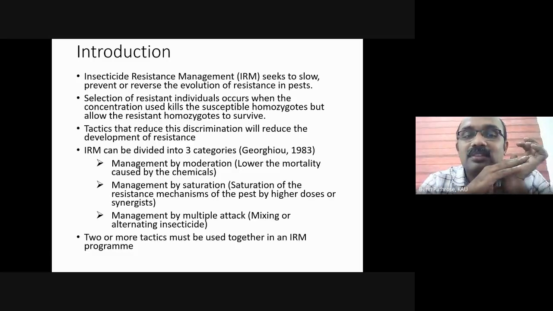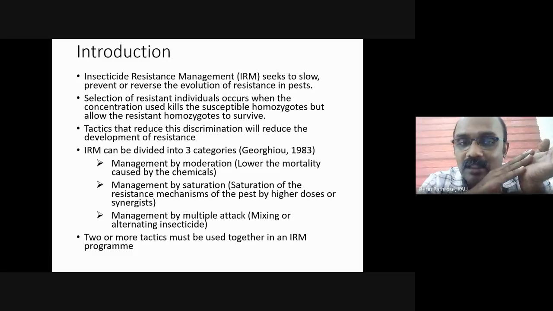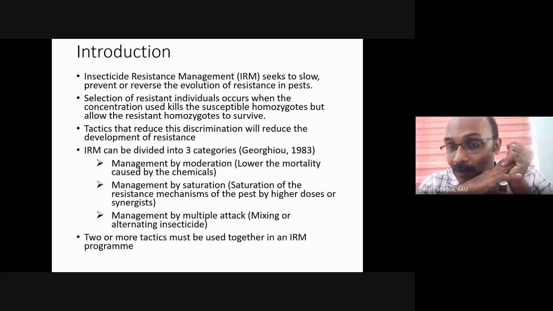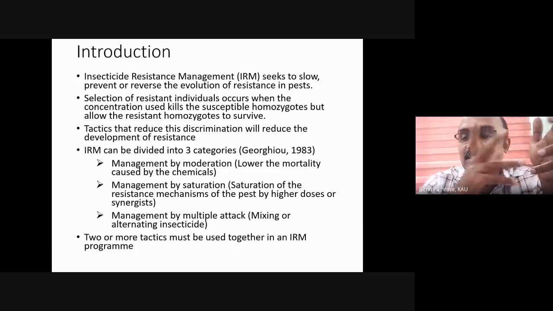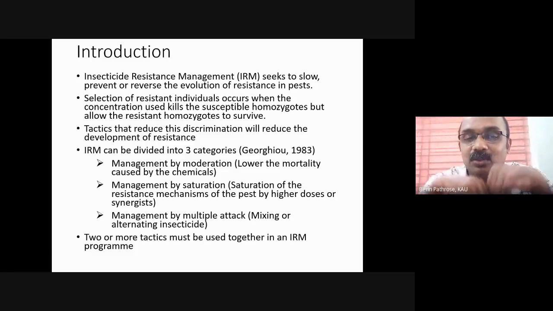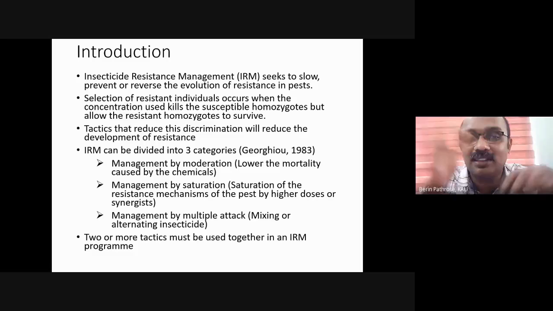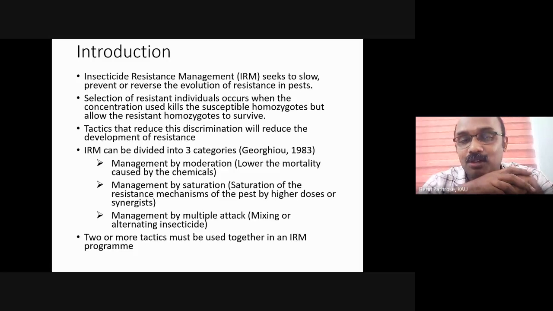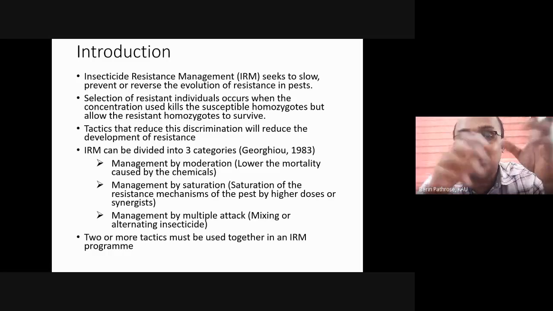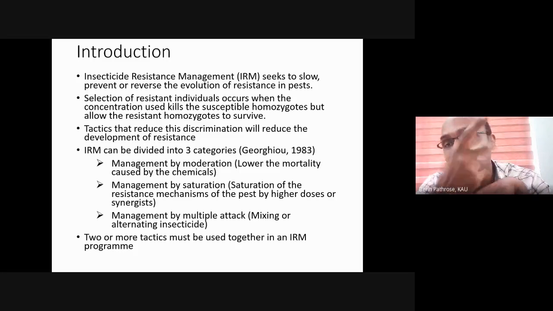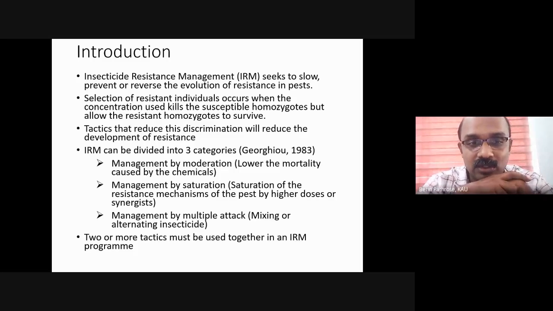Lower the mortality caused by chemicals. Management by saturation means, as the first student told, increase the dose to kill all the resistant insects so that we can reverse the evolution of resistance. That means increase the dose to kill all the resistance, but it has its own environmental consequences.